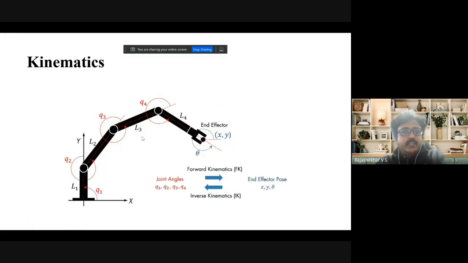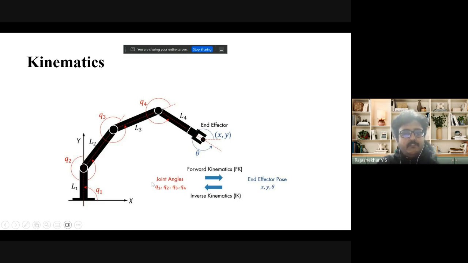Now getting into kinematics of serial mechanisms, in this session we'll be dealing only with the serial mechanisms. This is a serial robotic arm. So here this is the length L1 and the joint angle Q1, and this is the second joint, third joint, fourth joint, and here the rest of the joints are there.